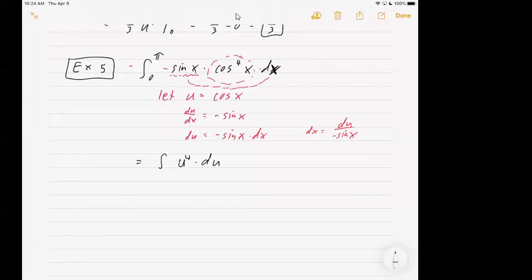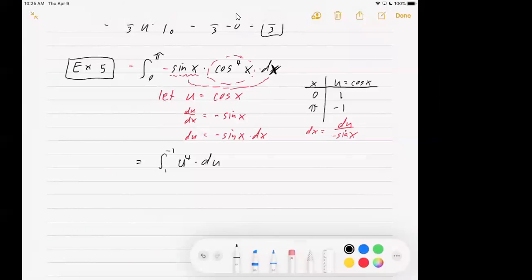Let me just do my little limit table up here. When x, we'll put x and u, remember this is cosine of x. When x is 0, cosine of 0 is 1. And when x is pi, cosine of pi is -1. All right. Okay, so we're going to go from 1 to -1. And I did forget one important thing.